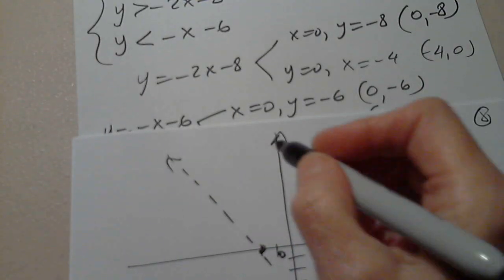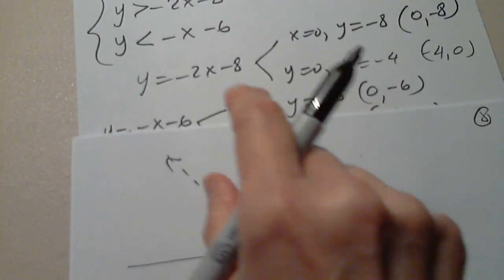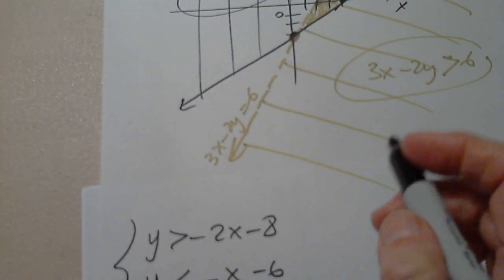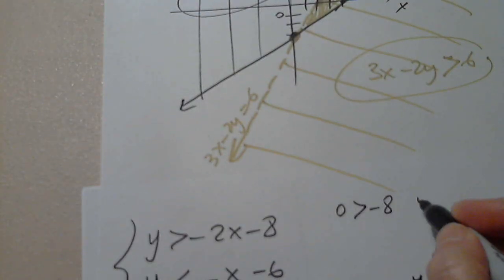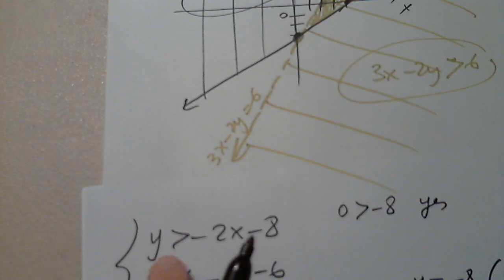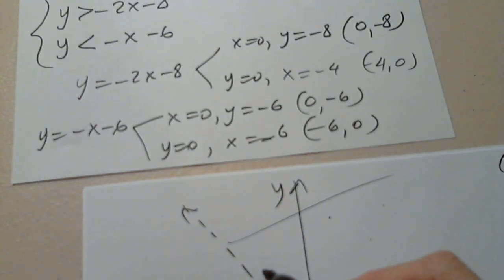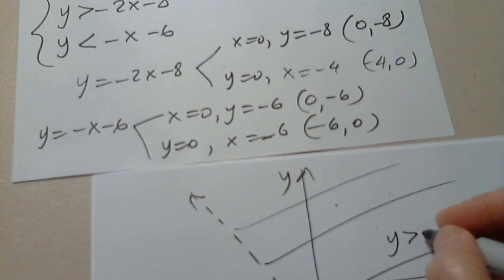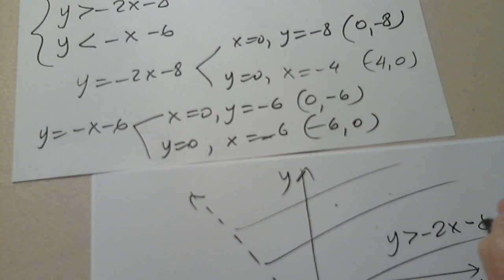The origin is on the right, so I'm checking the right. 0, 0 greater than negative 8, yes. 0 here, 0 here. 0 greater than negative 8, yes, that's true. So this is y greater than negative 2x minus 8.